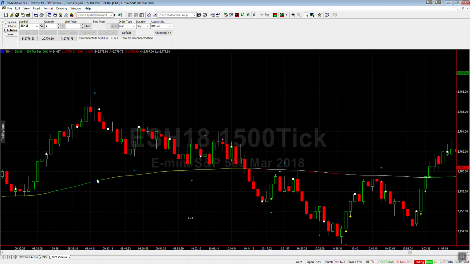When the RTM line changes to green, then and only then can the timing alert dots below the candlestick be traded, and only to the upside. So here's what that means.